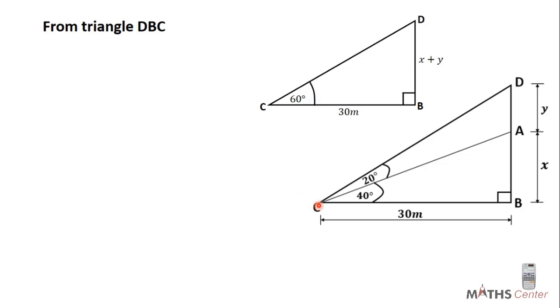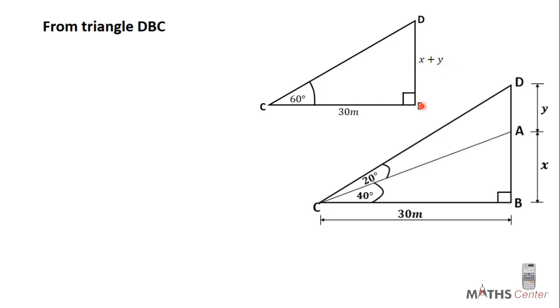So the angle formed at C will be 20 degrees plus 40 degrees, that will be 60 degrees. The length DB or BD will be AB, which is x, plus AD, which is y. So the length BD or DB is x plus y.